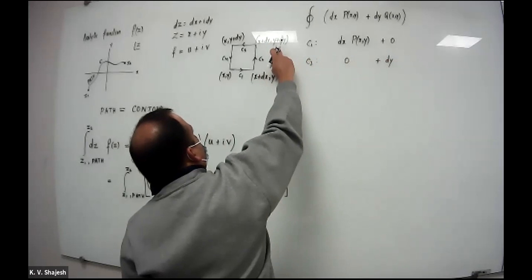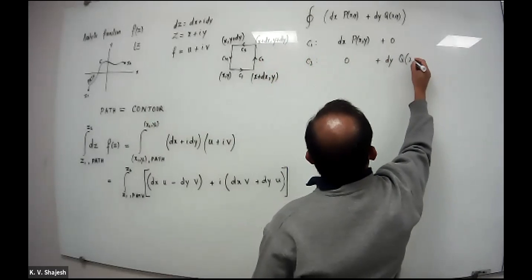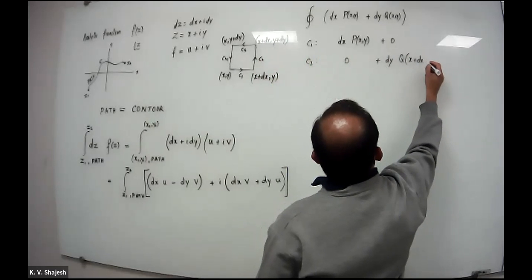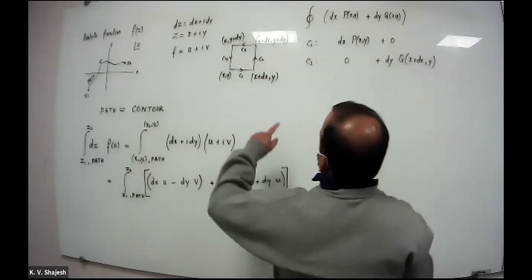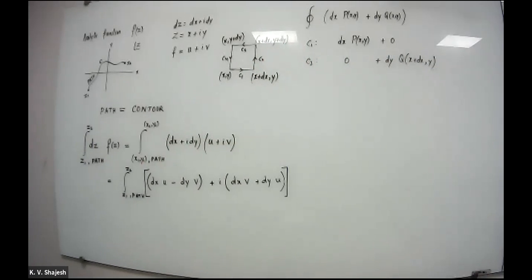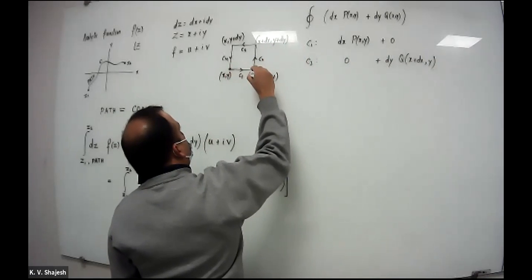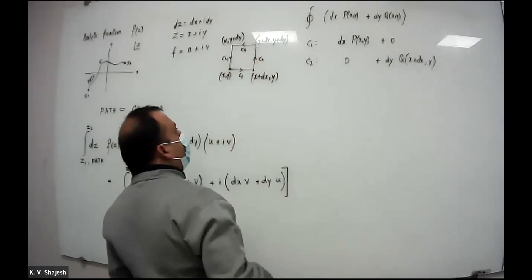I can either evaluate it at this point or this point. So this is q of x plus dx. So evaluating at this point. First one I evaluated at this point, second one at this point with the line element there.